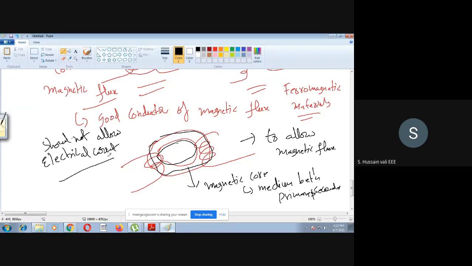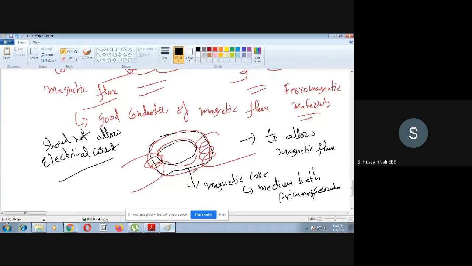That's very important. It should not allow electrical current. It should allow only magnetic flux. So we will choose a material so that it allows magnetic flux but not the electrical current. Why does it have to allow magnetic flux? Because that is the medium through which the energy transfers from one side to the other side.